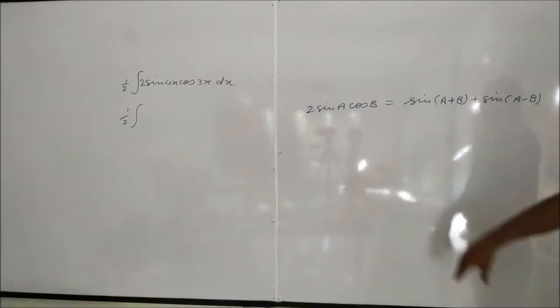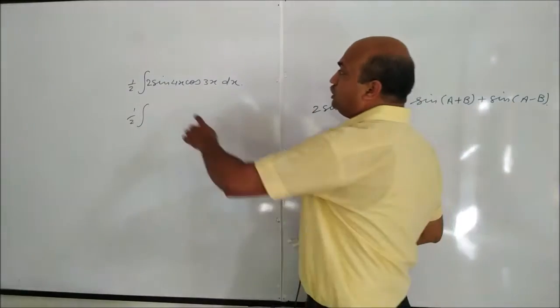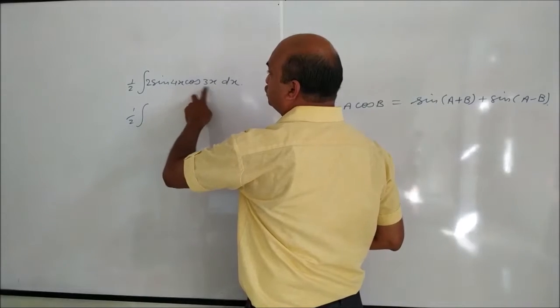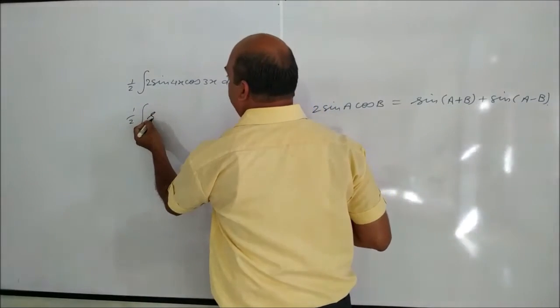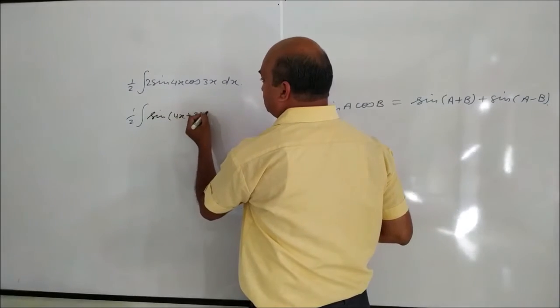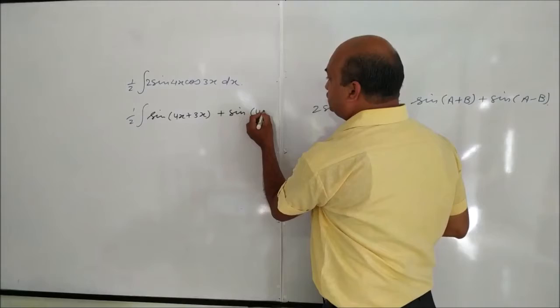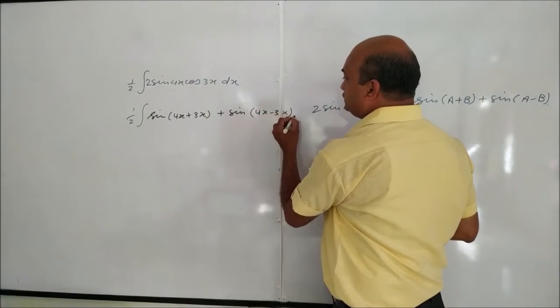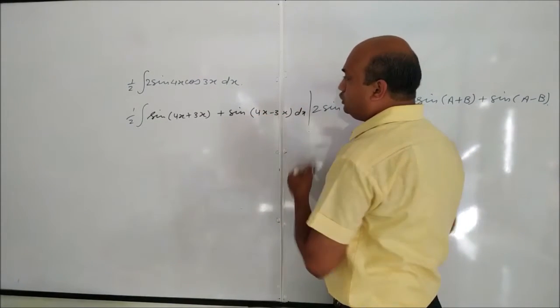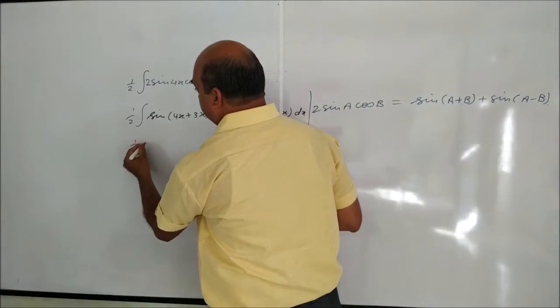This will be 2 sin a cos b. So by this formula we change it. It is 2 sin a cos b will be sin a plus b, that is 4x plus 3x, plus sin a minus b, that is 4x minus 3x dx. Now what we do? It is 1 by 2 same.